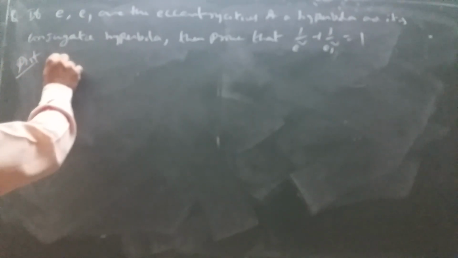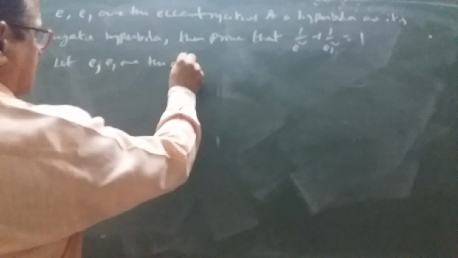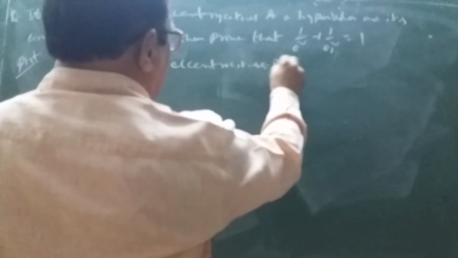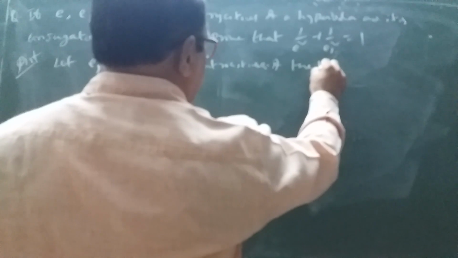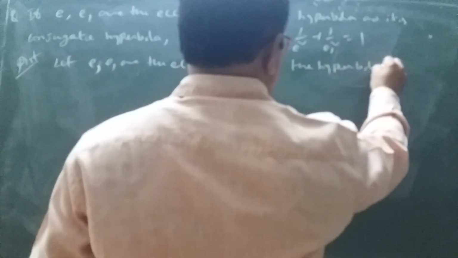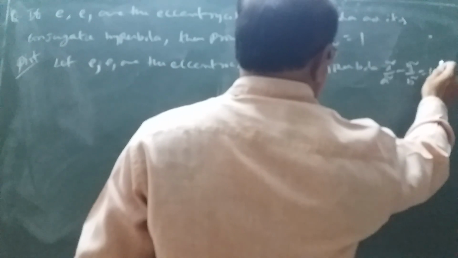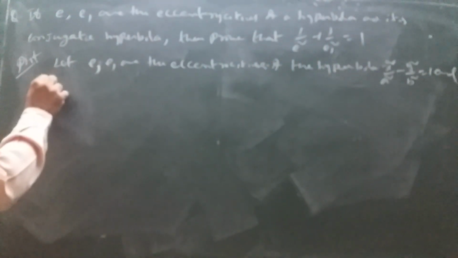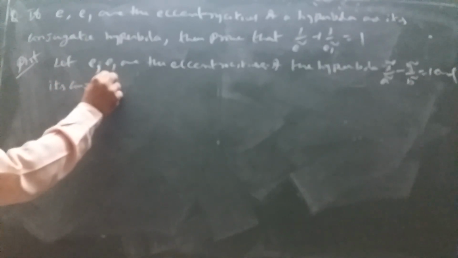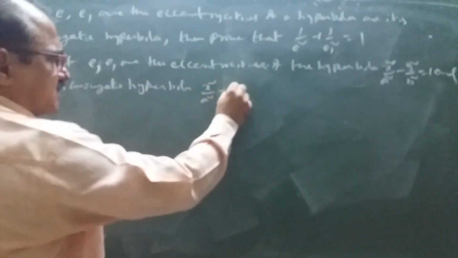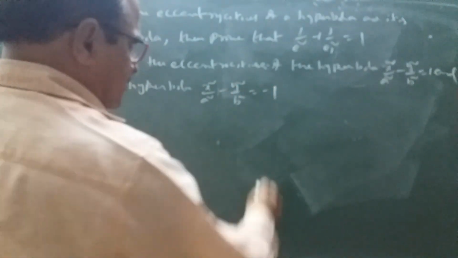Okay. Solution, proof: let E and E1 be the eccentricities of the hyperbola x square by a square minus y square by b square is equal to 1 and its conjugate hyperbola x square by a square minus y square by b square is equal to minus 1.